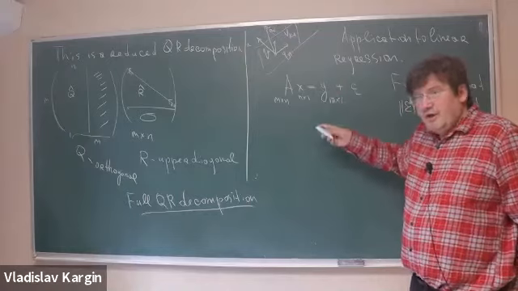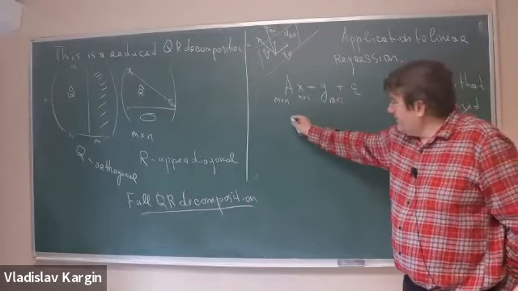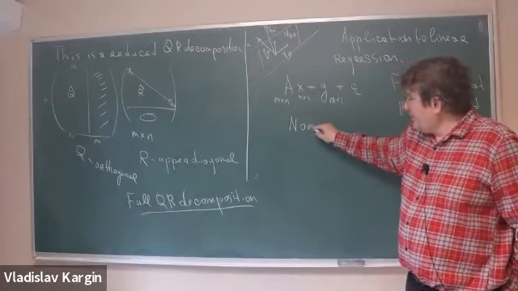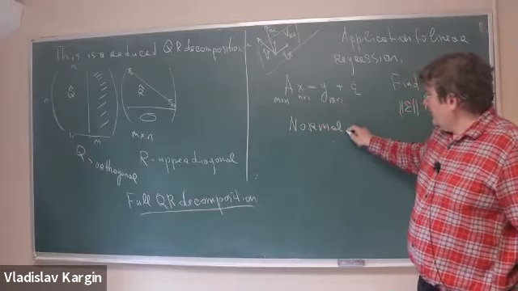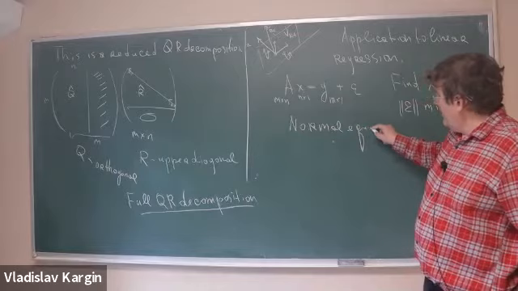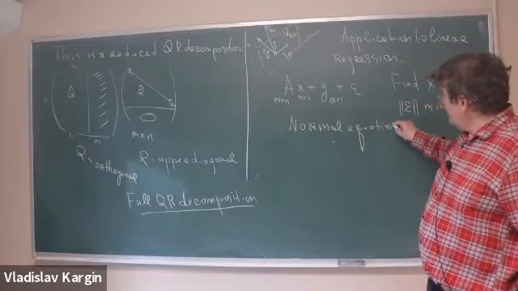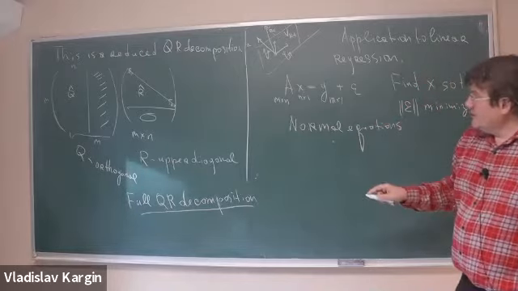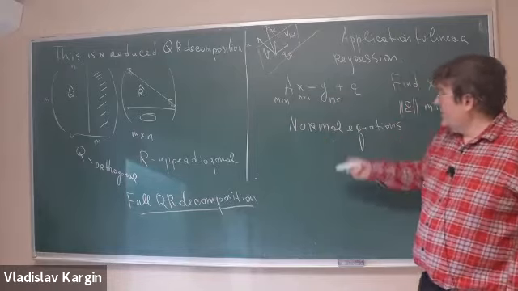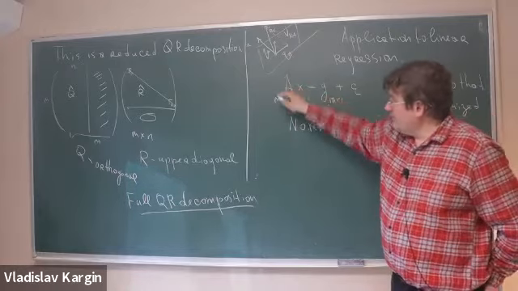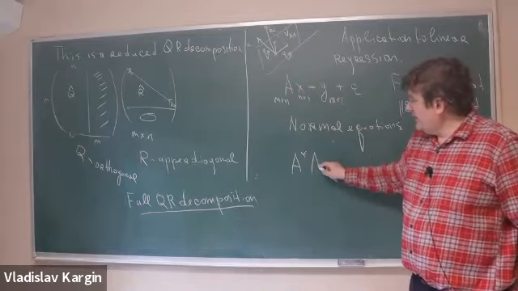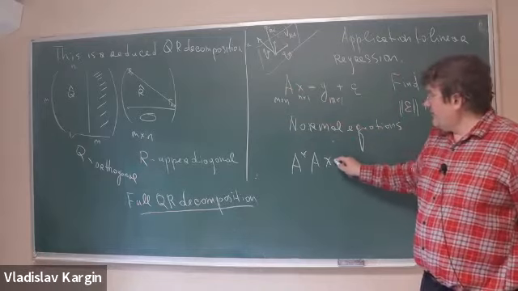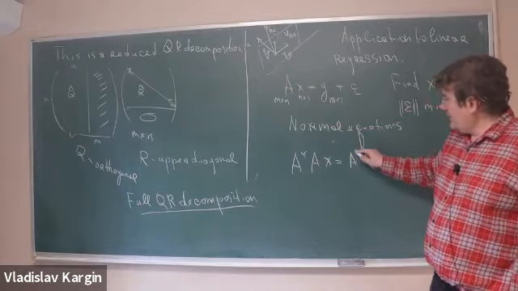It reduces to the solution of the normal equations. If you multiply by A transpose on the left, you get A*A x = A*y.